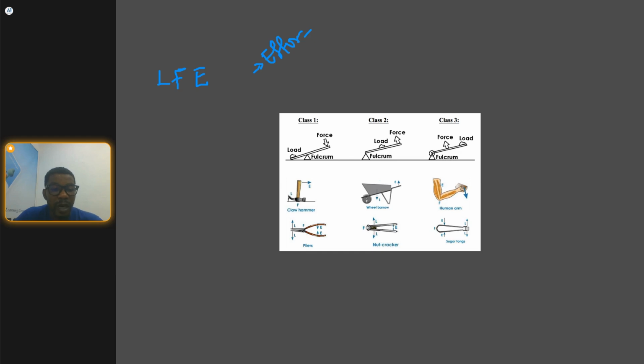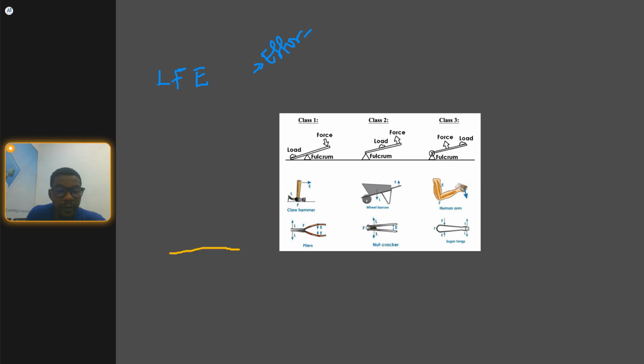The effort. Now, what are the examples of devices or simple machines that are found under the first class of lever? We have the claw hammer. The claw hammer is a perfect example of the first class of lever.